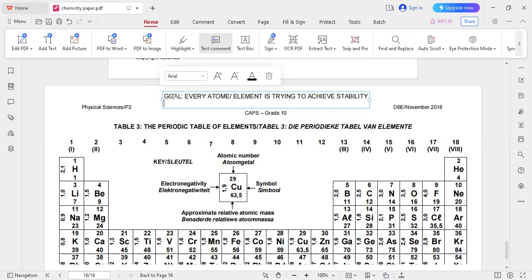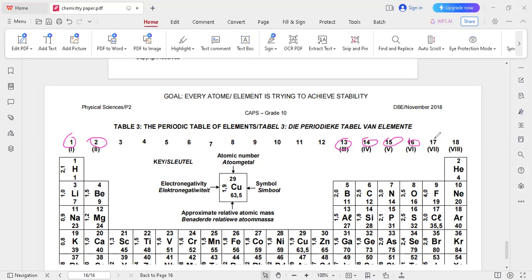For example, I want you to have a look at these numbers here. Let's annotate it from here. What are these numbers? This is, by the way, like the periodic table that you get in your paper. So what do these numbers represent?